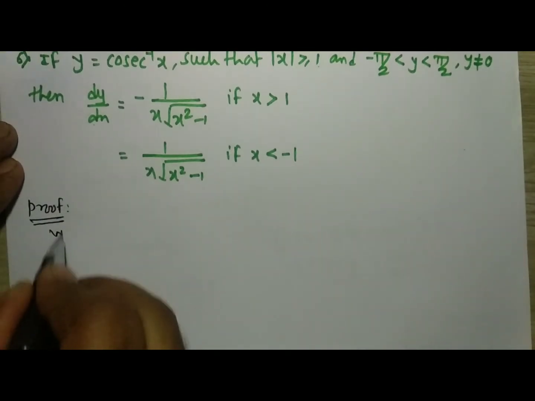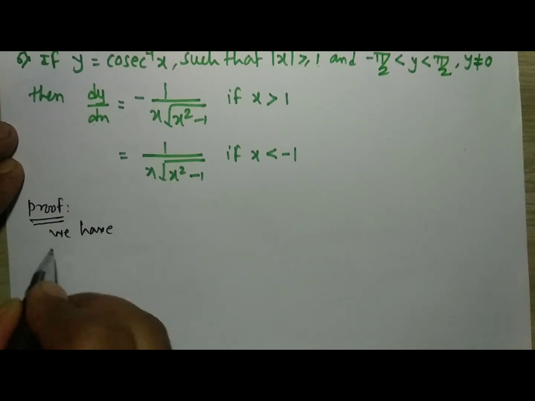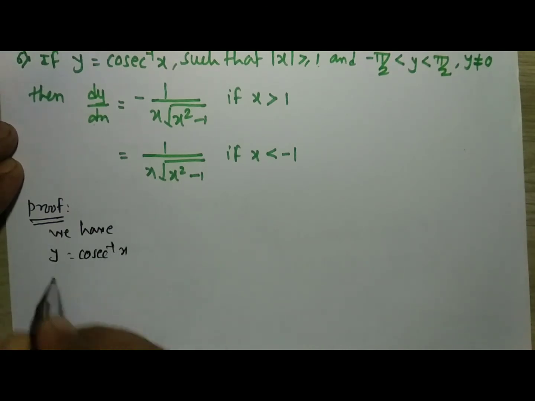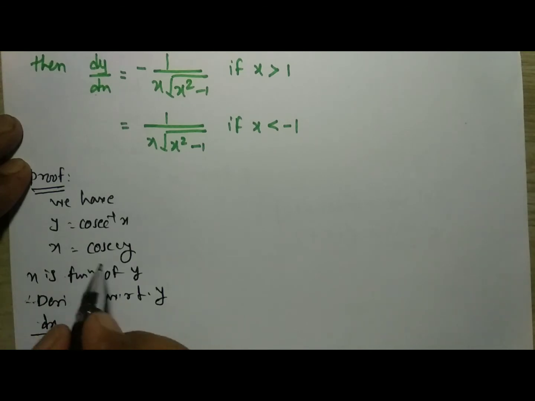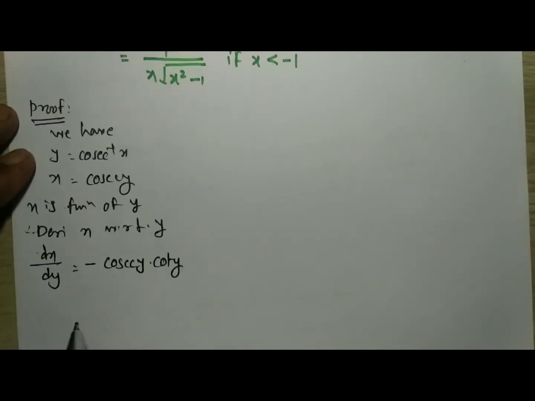We have y equal to cosec inverse x, and x is equal to cosec y. x is a function of y, and therefore we take the derivative of x with respect to y. dx divided by dy is equal to, we know that the derivative of cosec x is minus cosec x into cot x, therefore the derivative of cosec y is minus cosec y into cot y.